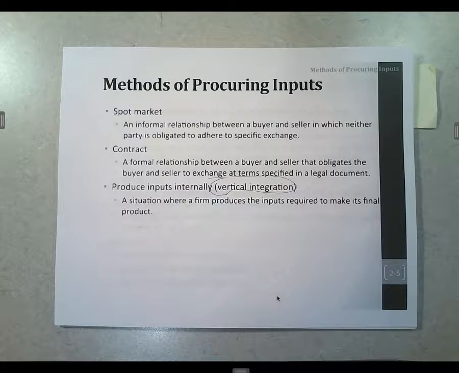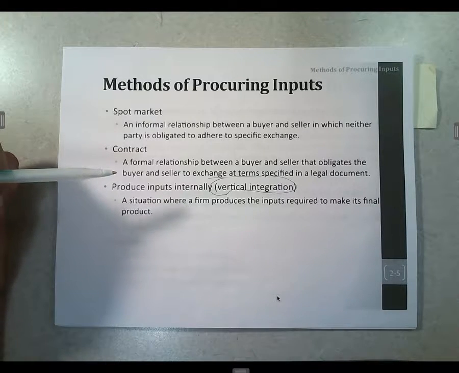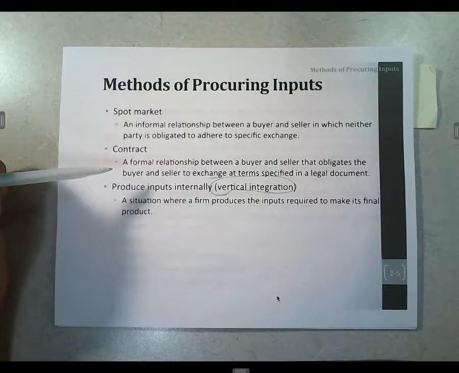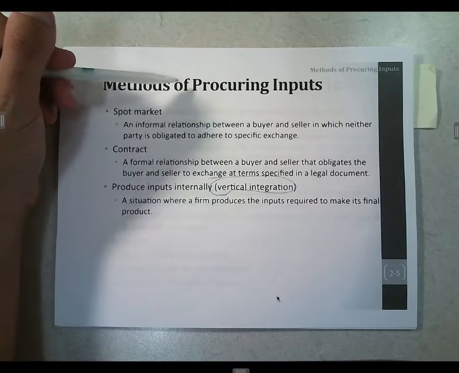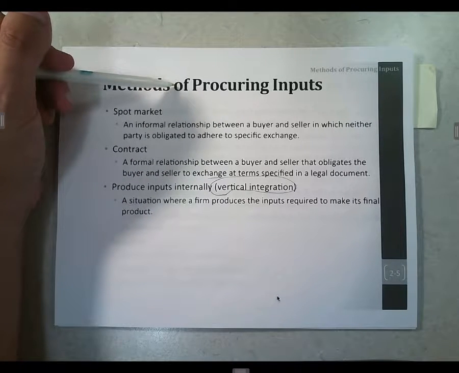And that contract then basically says you're going to buy a certain amount, or you're going to do business with us for a certain amount of time, and that legal document, that contract, is going to dictate how the inputs are acquired.